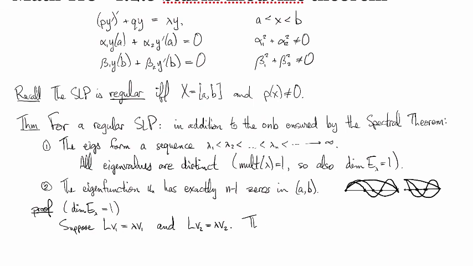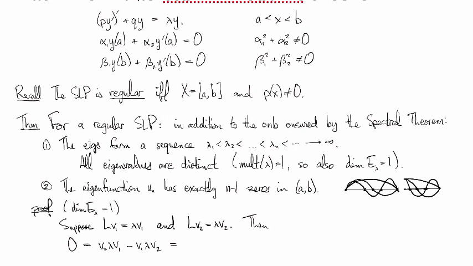Okay, so what can I do? Well, 0 is V2 lambda V1 minus V1 lambda V2, so I'm setting something up for an inner product. Actually, this is not quite an inner product. This is V2 L V1 minus V1 L V2, in virtue of the fact that these are both eigenvectors for eigenvalue lambda.